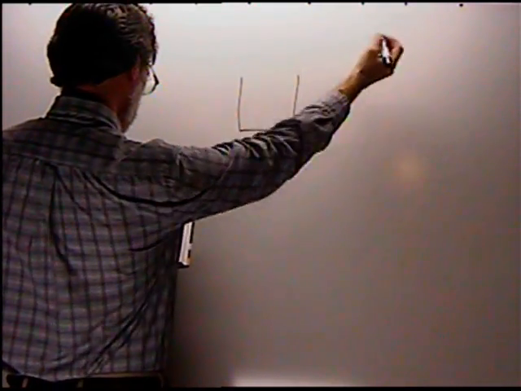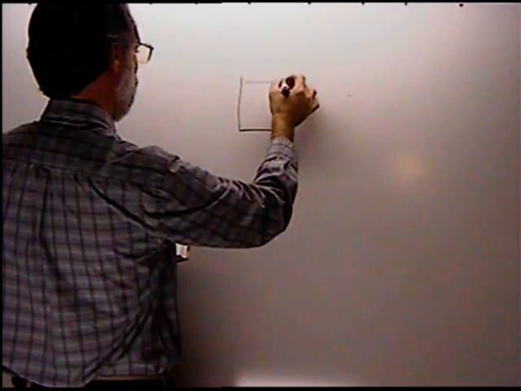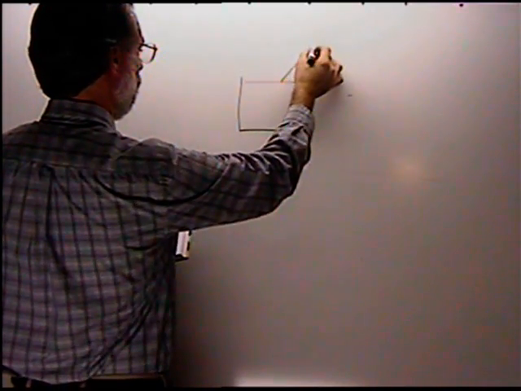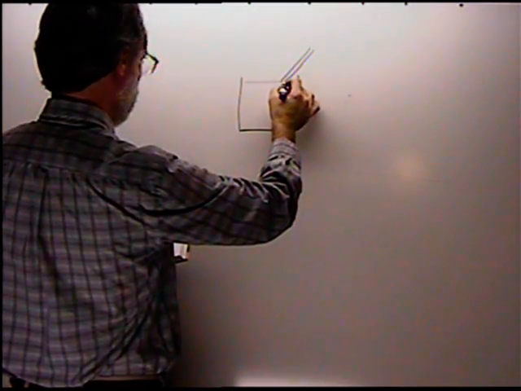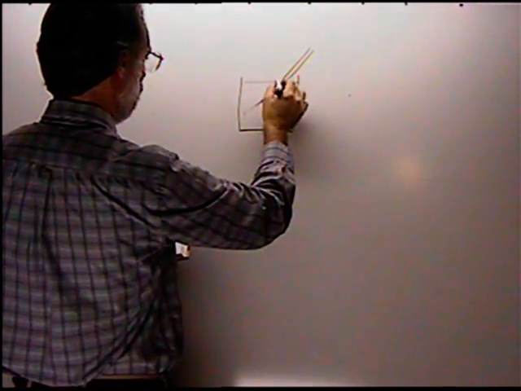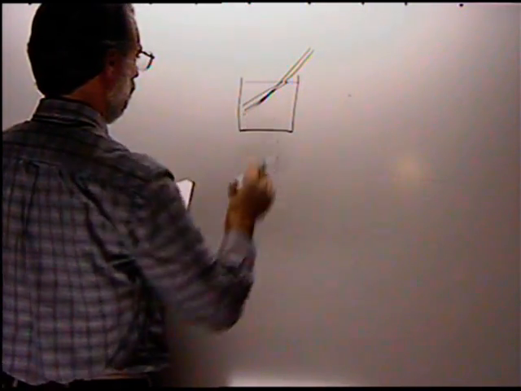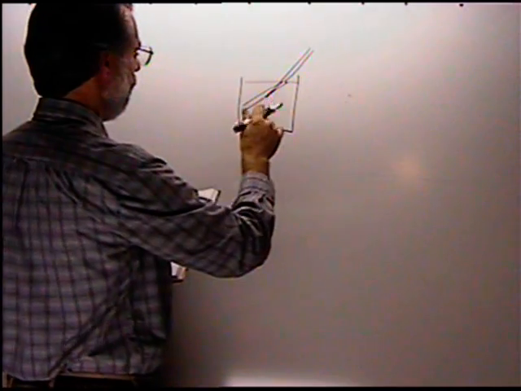Here's a jar of water. And here's the pencil, but here it looks disjointed, and it looks kind of like this. Maybe that's a bad drawing. But this is water.